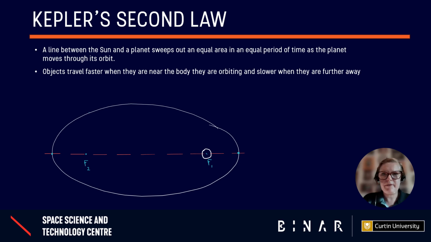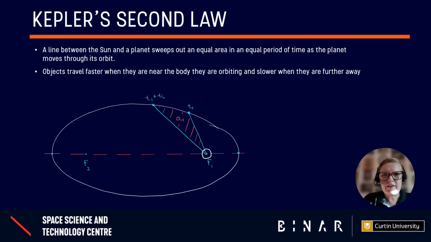And this is Kepler's second law. Kepler's second law states that if you were to draw an imaginary line between the body and the object that's orbiting, say the sun and the Earth, that imaginary line would trace out an equal amount of area in space over an equal interval across the orbit.